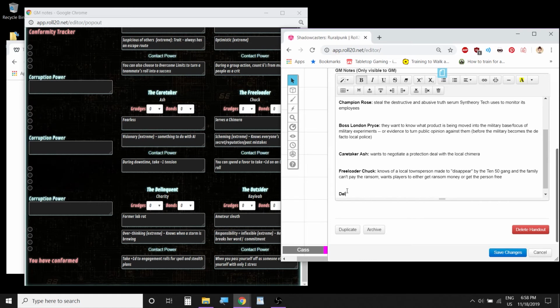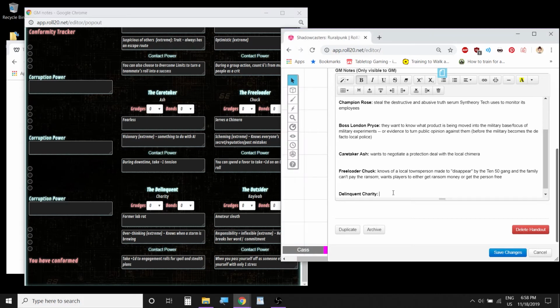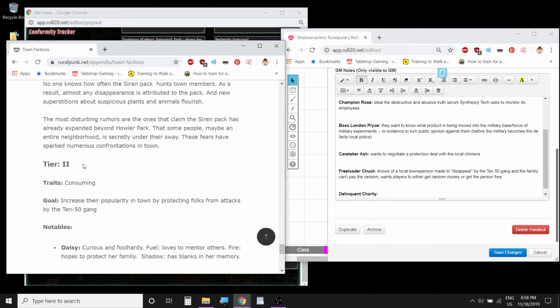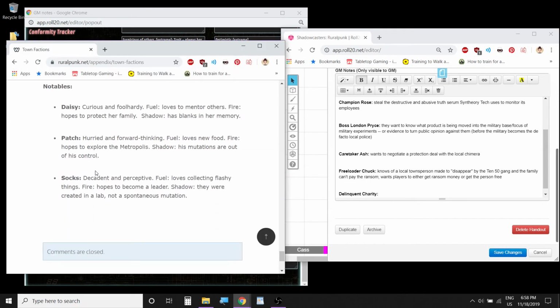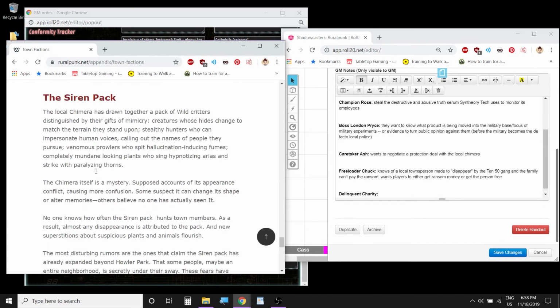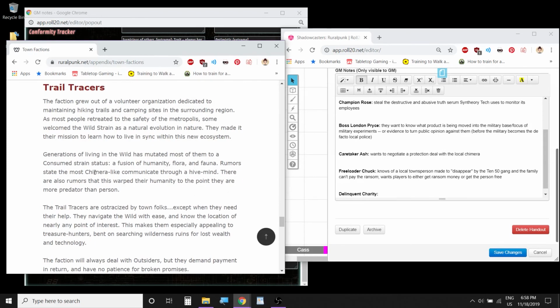Now our delinquent, Charity. So with what we know about Charity, she's a former lab rat. She knows when a storm is brewing, so she knows when trouble's happening. Has that relationship formerly with Luna. I think... Let's see if there's any faction stuff going on that sticks out. We haven't done anything really with the Trail Tracers.